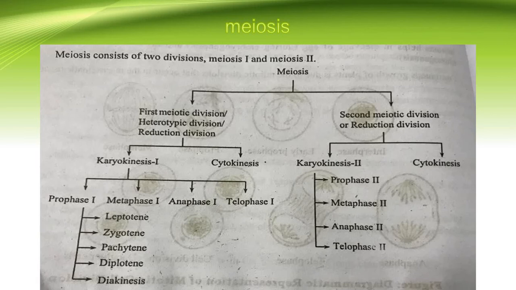You can see here meiosis 1, first meiotic division. We also call it as heterotypic division or reduction division. Meiosis 2 is the second meiotic division or the reduction division.